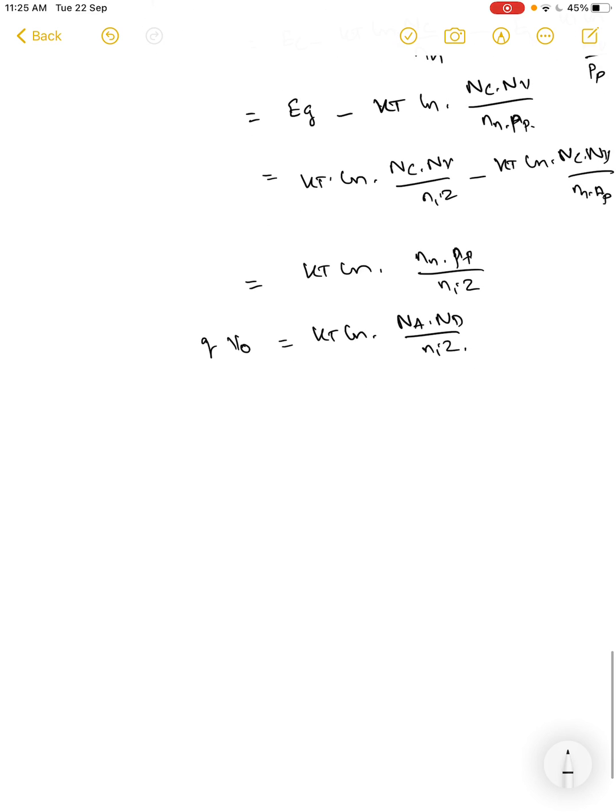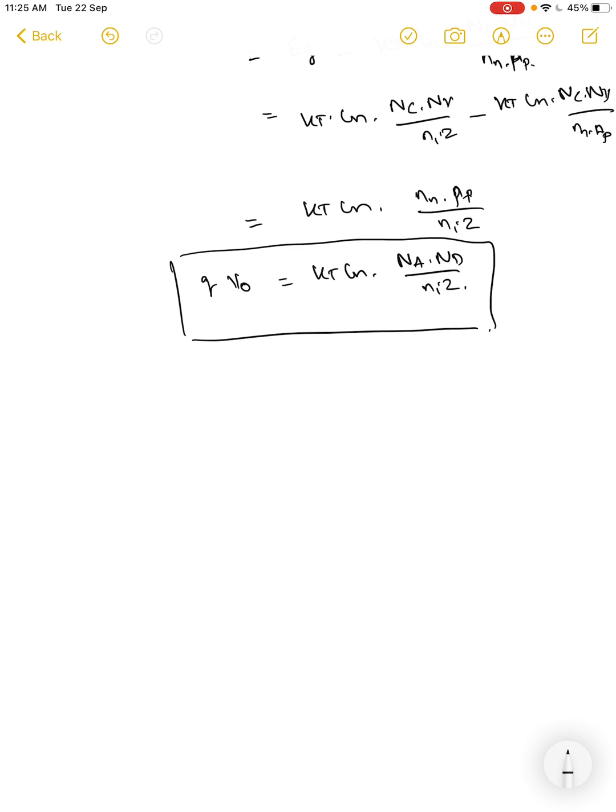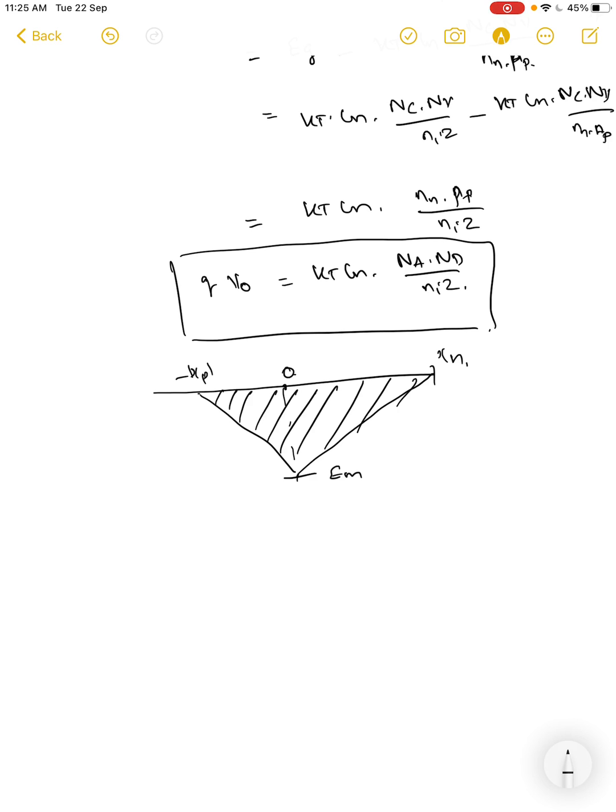Now there is a third interesting aspect of this junction, also related to the potential, right? And we saw that our electric field is like this, and this is minus XP, this is XN, and this is 0, and this is Em, and the potential is just the area under this curve.